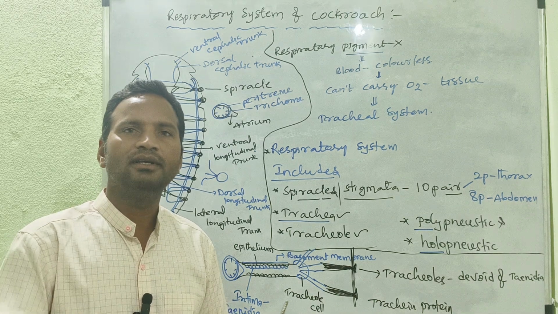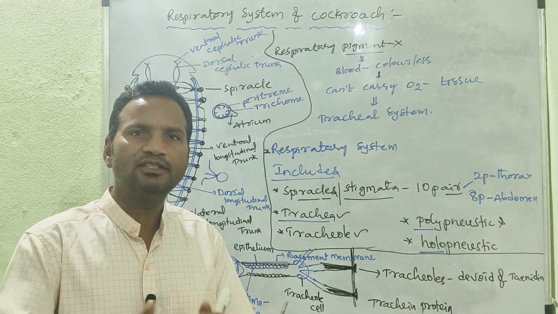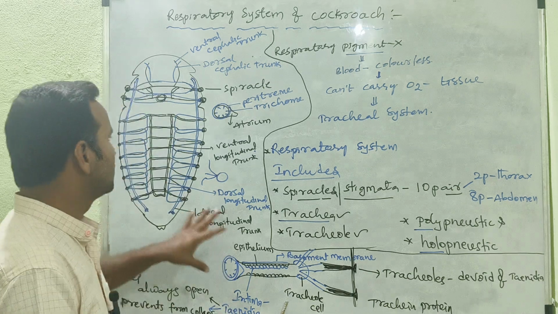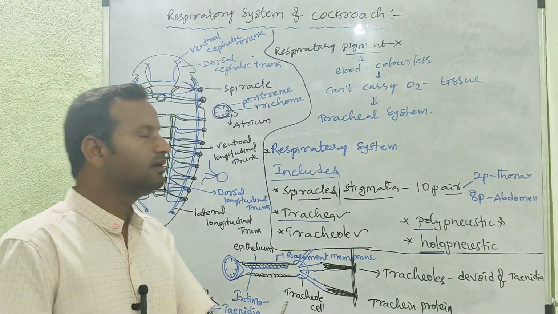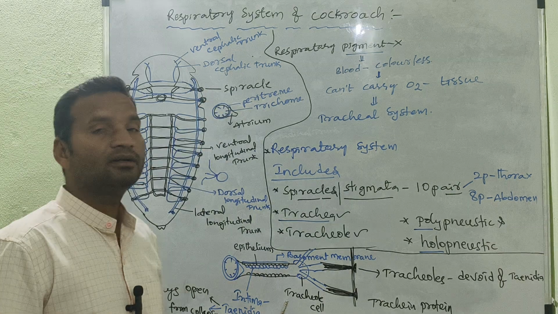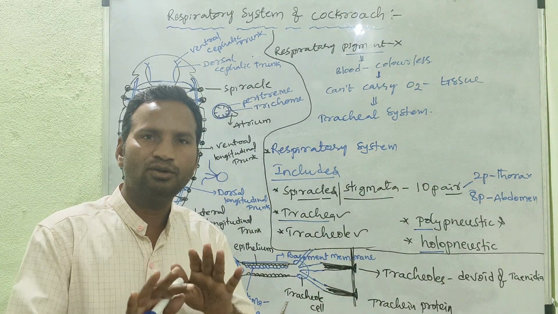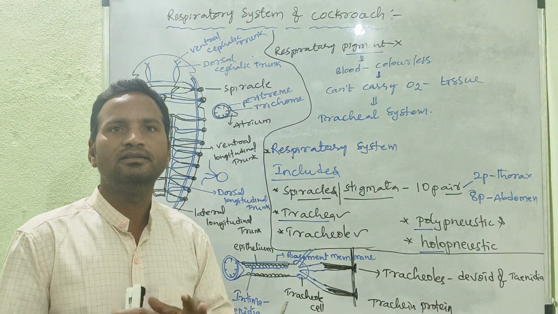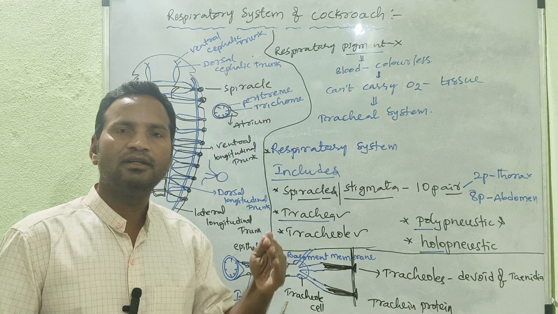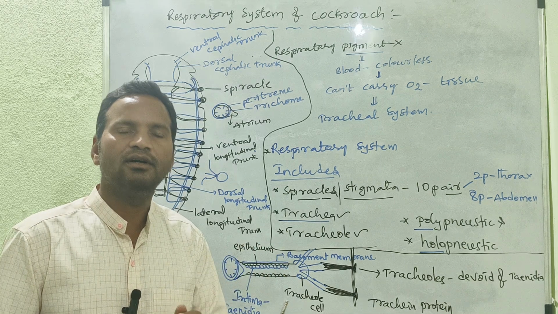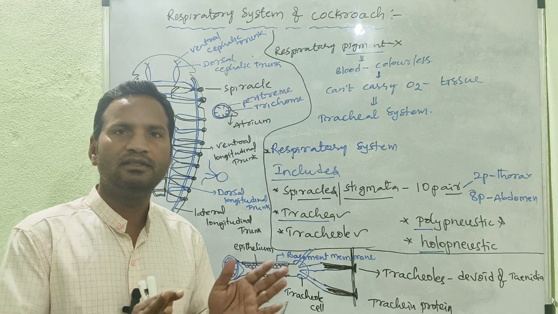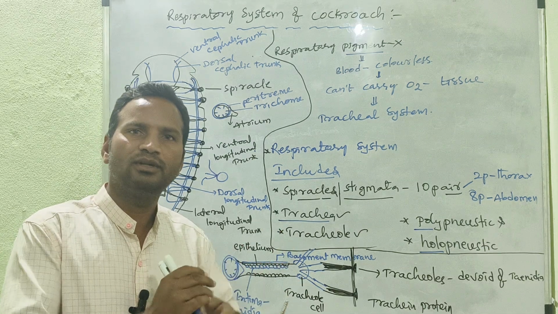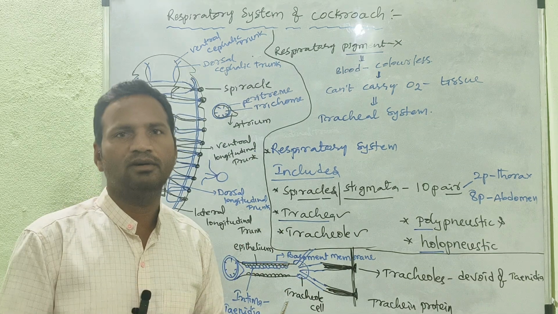During expiration, the abdominal spiracles are open and the thoracic spiracles are closed. This is the mechanism of respiration in the cockroach, and the information about the respiratory system of cockroach.